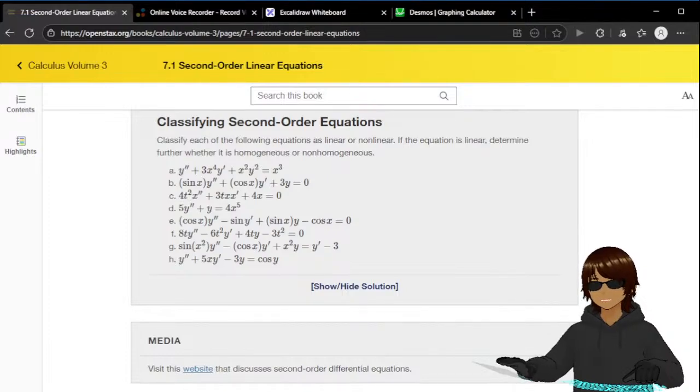Classify each of the following equations as linear or non-linear. If the equation is linear, determine whether it is homogeneous or non-homogeneous. So this here is linear non-homogeneous. This here is linear homogeneous. This here, non-linear.